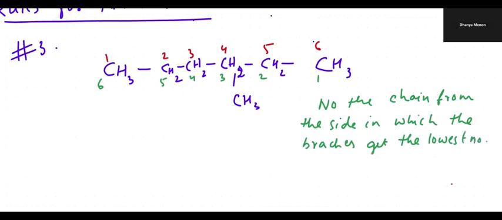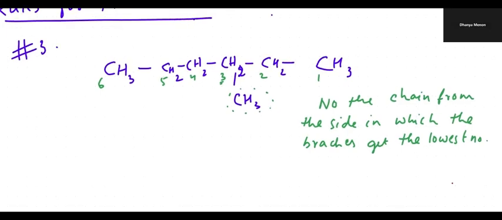So if you look at the red numbering, this is the branching, right? So branching is getting number 4. But if you see the green numbering, you will see it's getting number 3. So we would ignore this numbering and we would go for this green numbering, because here methyl, the substituent, is getting number 3.